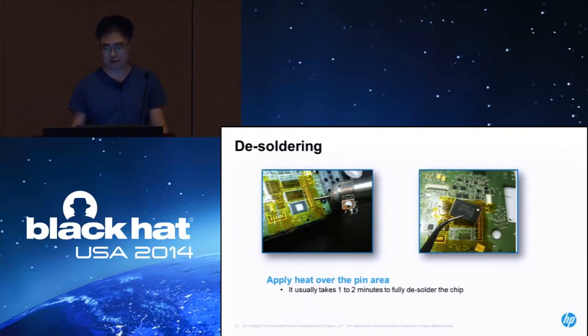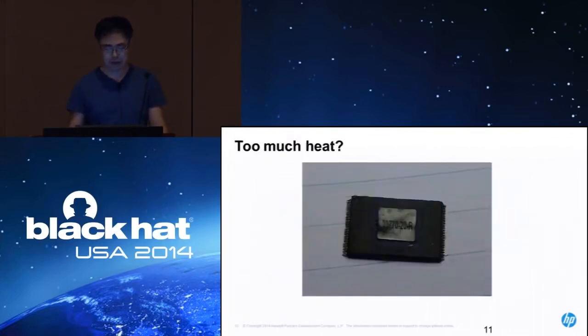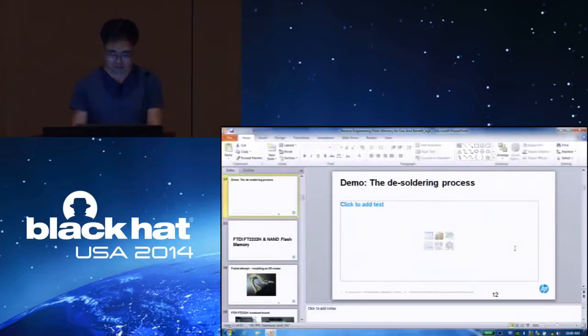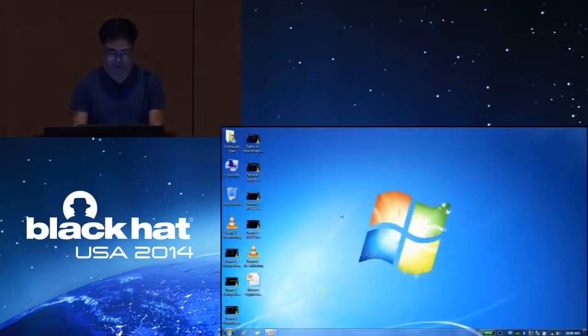It's really simple and straightforward. But if you apply too much heat, you can physically damage the chip and it can burn out. If you try to read this chip, you can't read anything because it's damaged. It will just return 0000 or something like that. So, here's a demo. Demo 1.